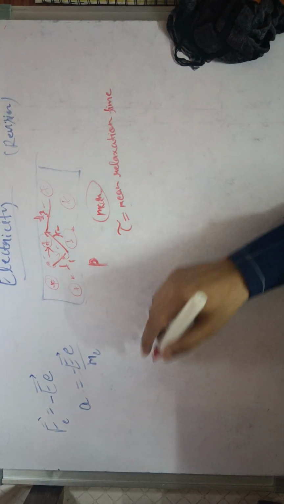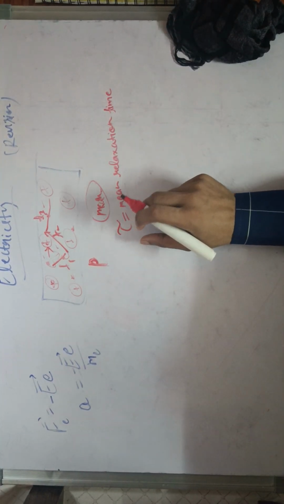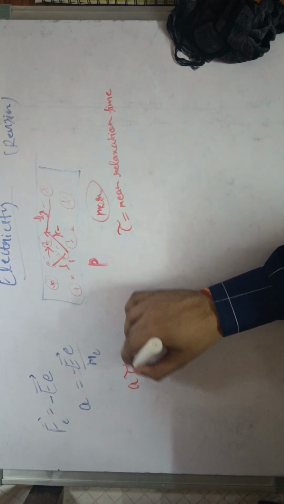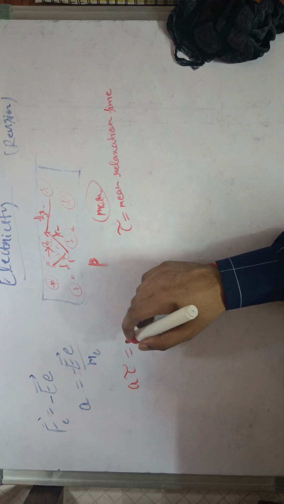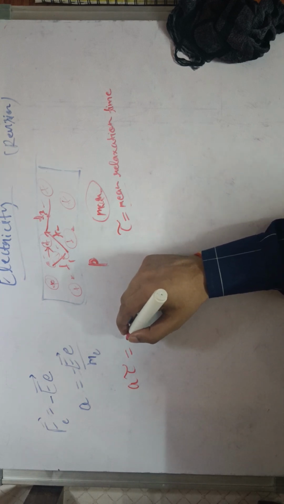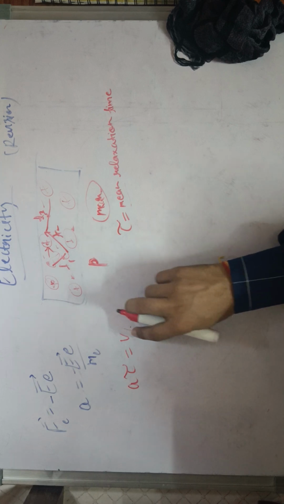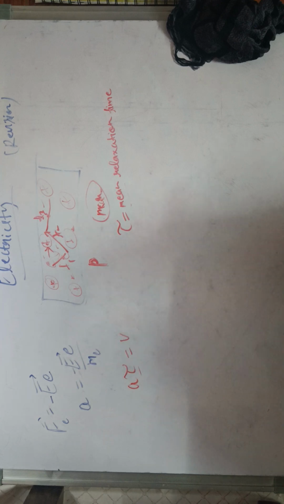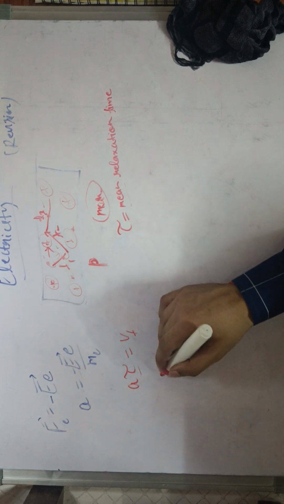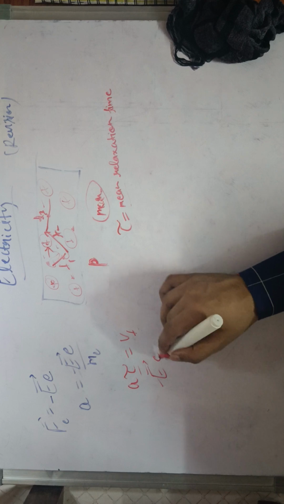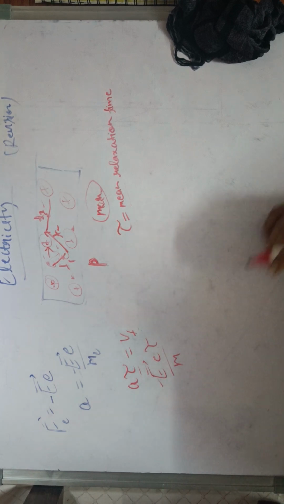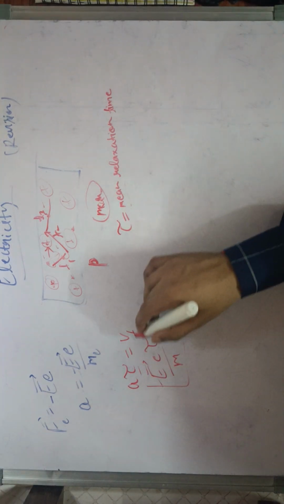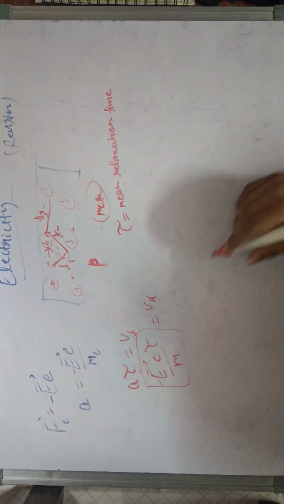So when the particle is assumed to be accelerated only for tau time, we can say that acceleration into tau is equal to the change in velocity, which is v, the final velocity, and the acceleration is equal to minus e E into tau over m. And now we will take this as the formula of drift velocity.